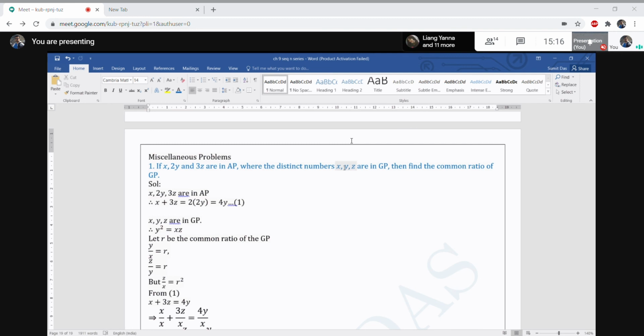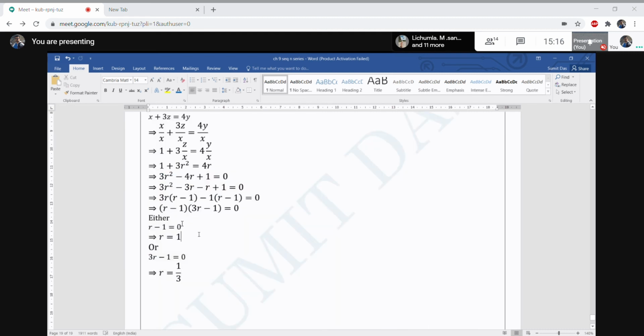So it will not be a distinct number, which is not possible. So our value will be 1 by 3. Fine, common ratio is 1 by 3.